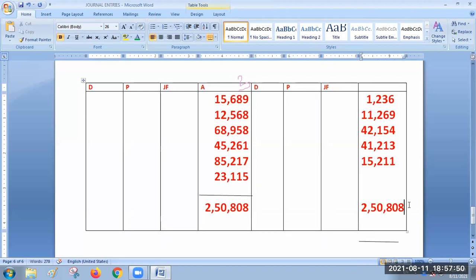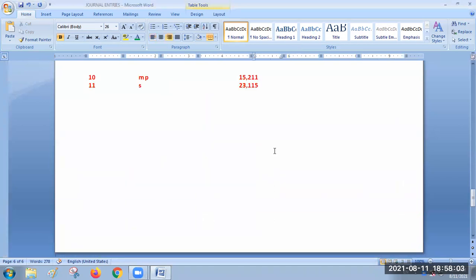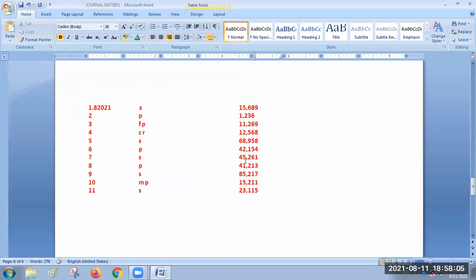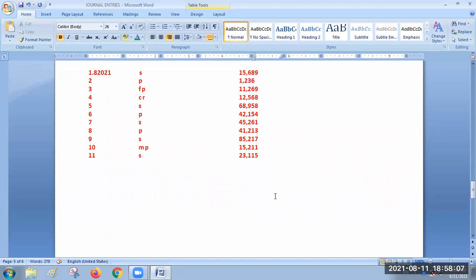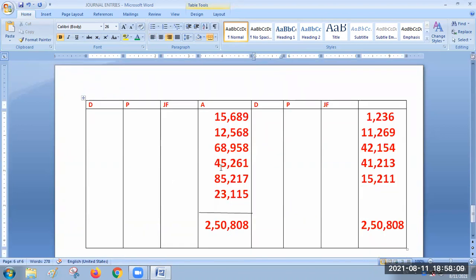Sir, in that 7th journal entry, it is not 45,000, sir. It is 35. It is 35. Yes, sir. 35,261. It is not 45,261. Yes, sir. It is not 45.